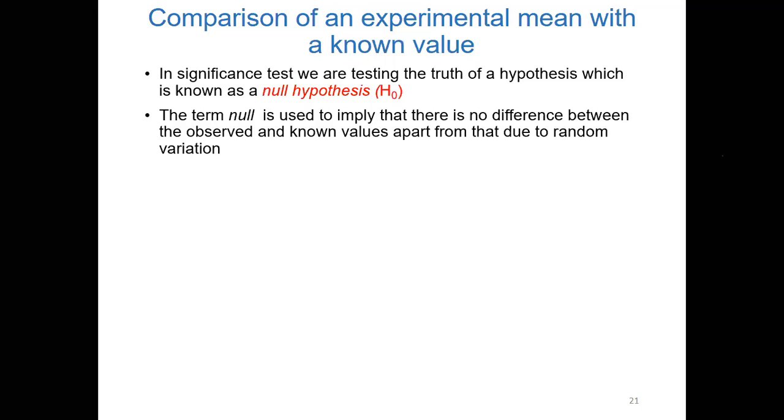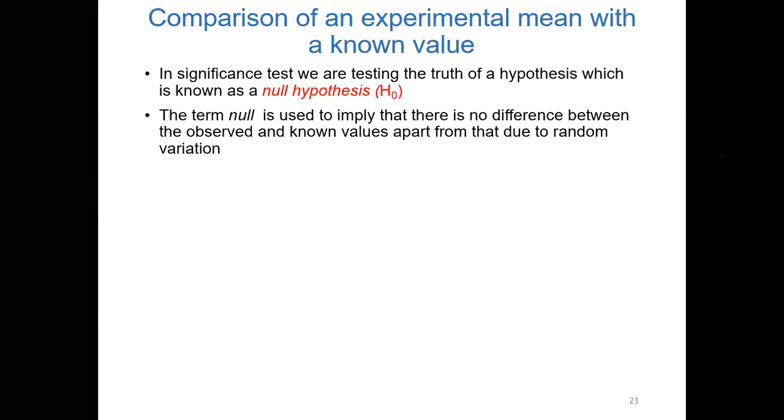For example, let's take the very first example we took today, the titration. The correct value is 10 and you got a mean of 10.01.